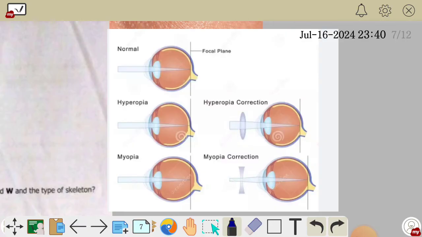Okay, so now the problem in hyperopia is that the focus of the image is done behind the eye. Okay, instead of being focused on the retina of the eye, the focusing of the image is done beyond the eyeball. Okay, so to correct that, we need a convex lens which can bring the focus inward on the retina there.